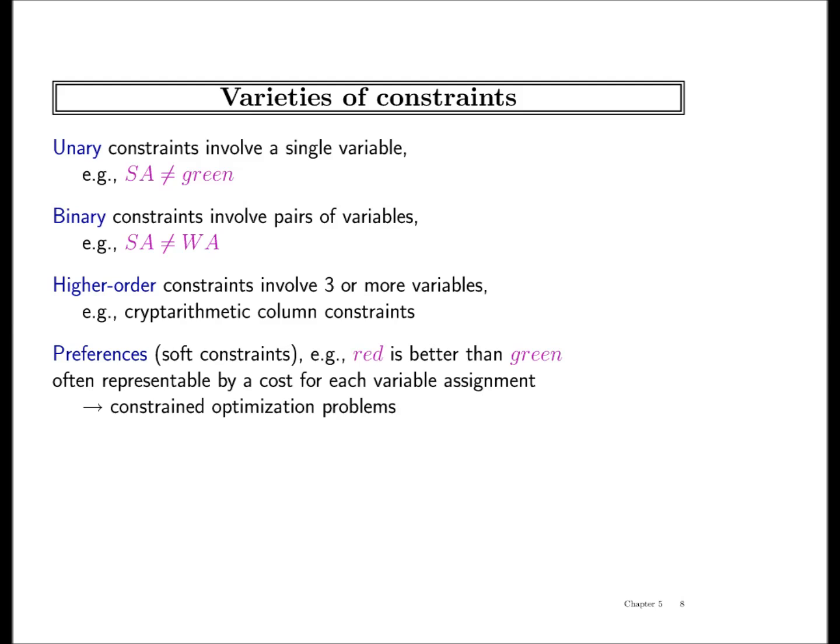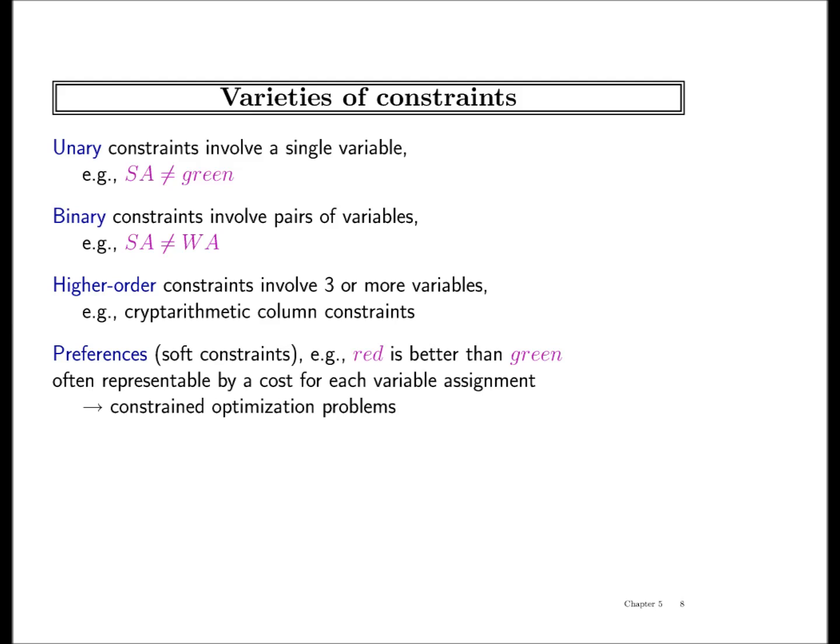Then there are different kinds of constraints. So South Australia cannot be green is a unary constraint. It is saying that this particular variable cannot have this value. Binary constraints like South Australia cannot be the same as Western Australia. Then higher order constraints, and there are many kinds.